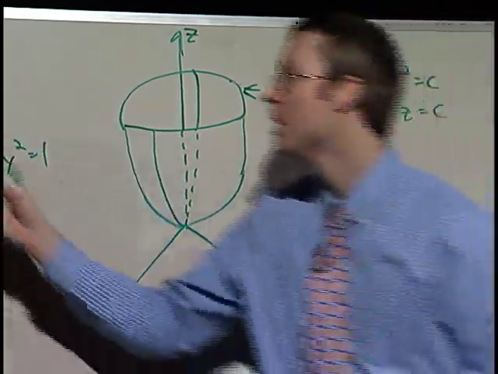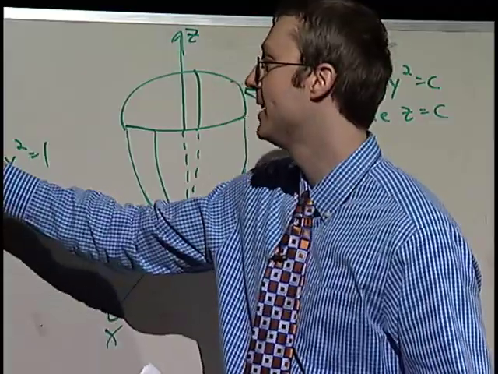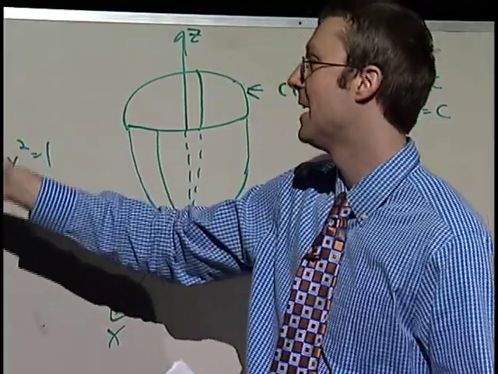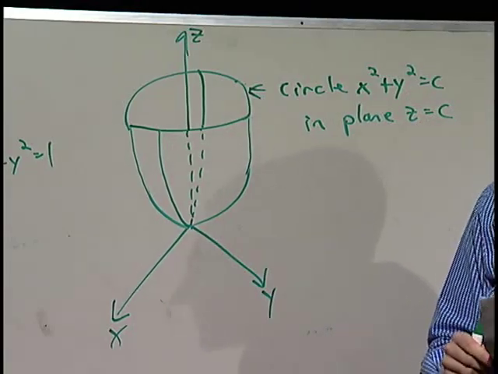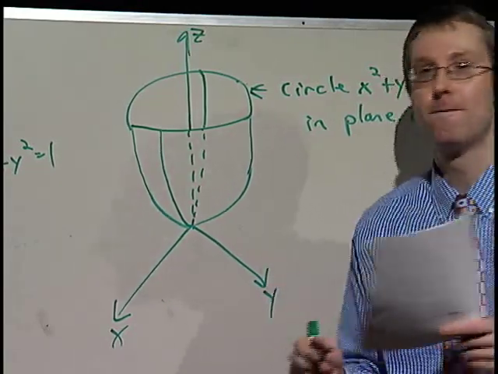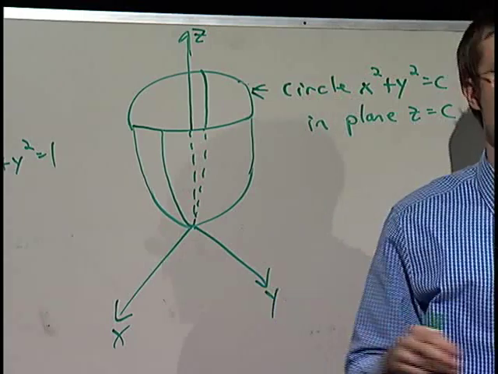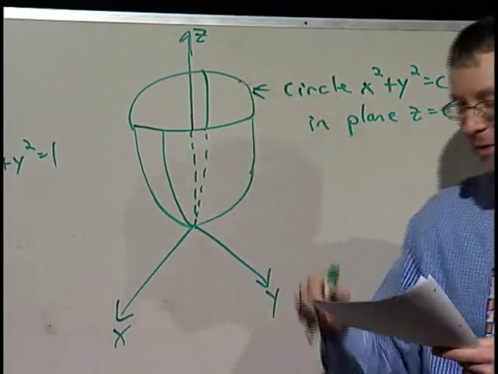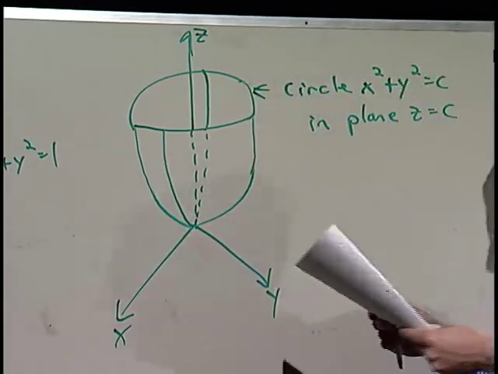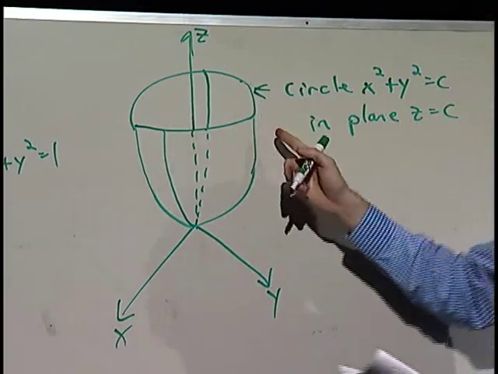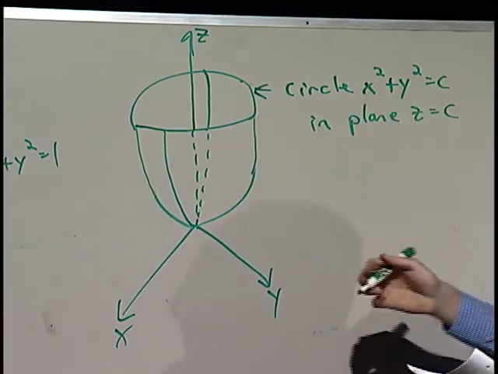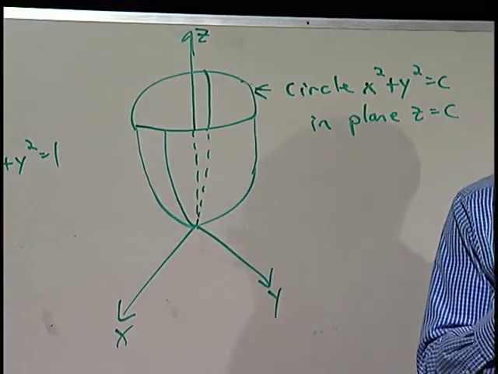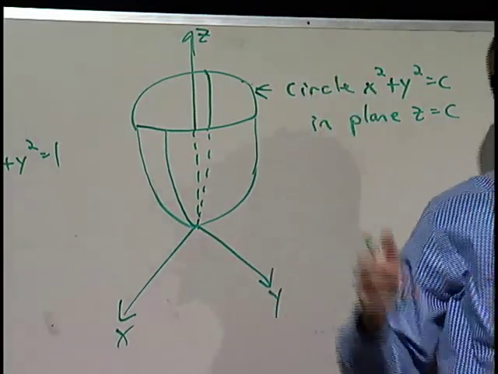So imagine each of these circles rising up to a certain height, each one getting higher and higher each time. We have a bunch of concentric circles forming this thing that's getting larger and larger with circular cross sections. That's a paraboloid. So this is the plane z equals c. It has a circle x squared plus y squared equals c. Those circles are getting larger and larger, and our paraboloid is expanding out side by side.